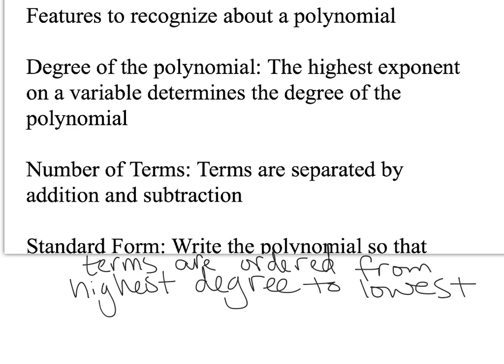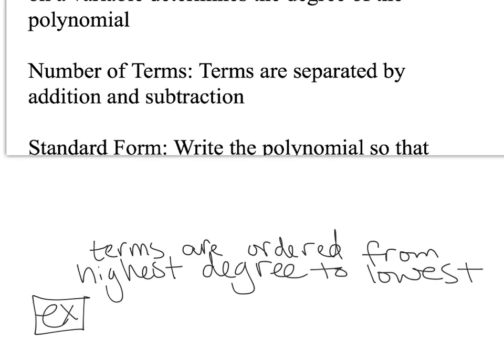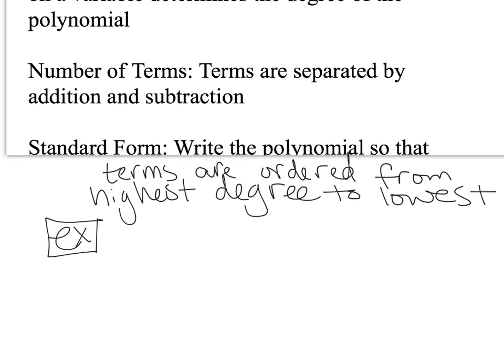So for example, if I had the polynomial, let's say 2 minus 3x to the 10th plus 4x squared minus 11x. What I want to look at are the powers on my variables.